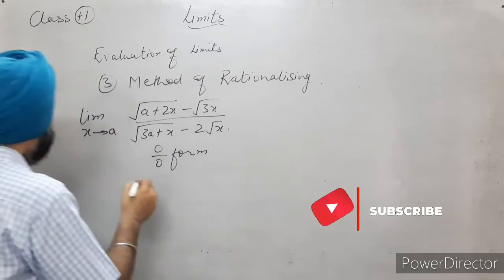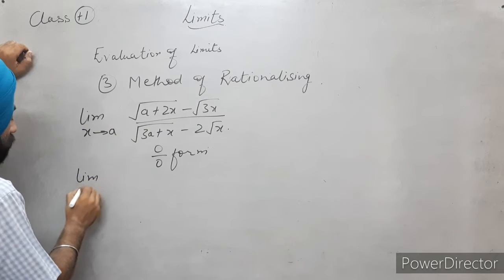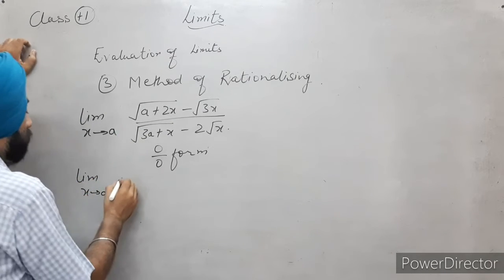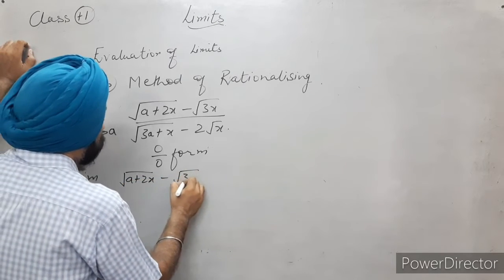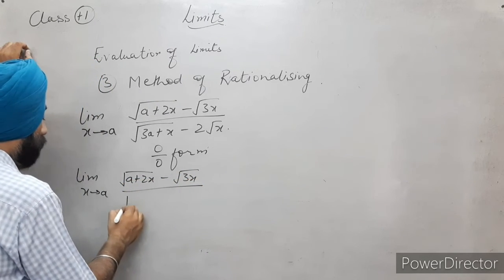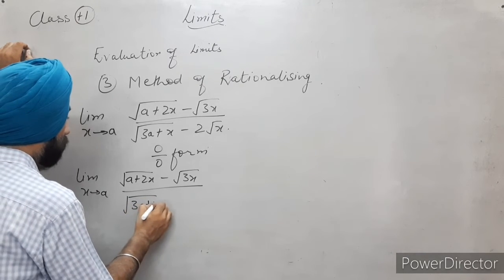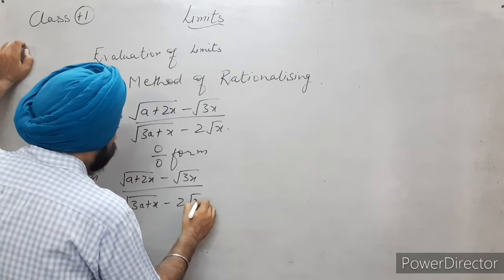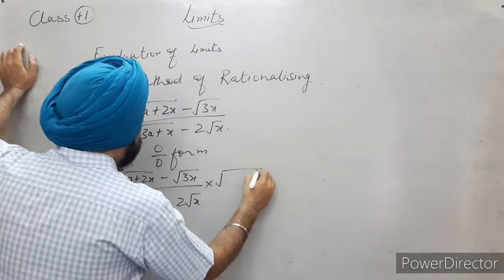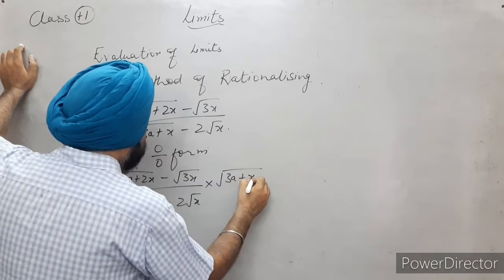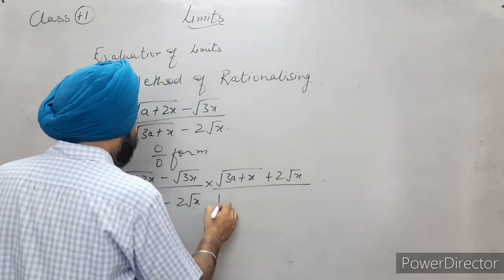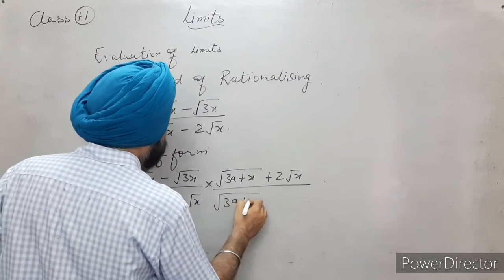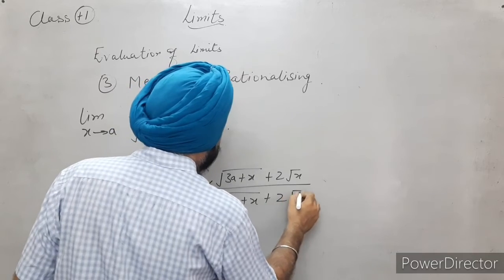So what I can do, I can rationalize. Limit x approaches a. I rationalize both the numerator as well as the denominator. For the denominator, 3a plus x minus 2 under root x, I multiply by under root 3a plus x plus 2 under root x divided by the same.